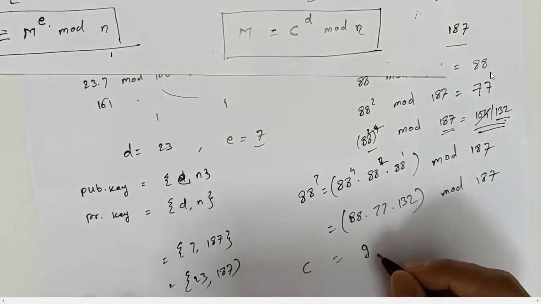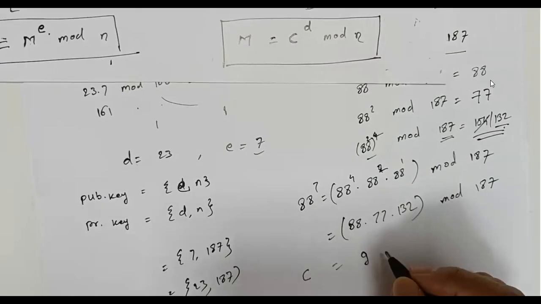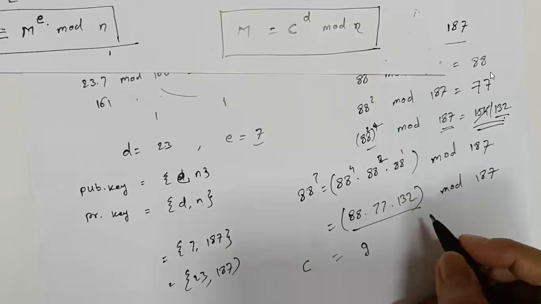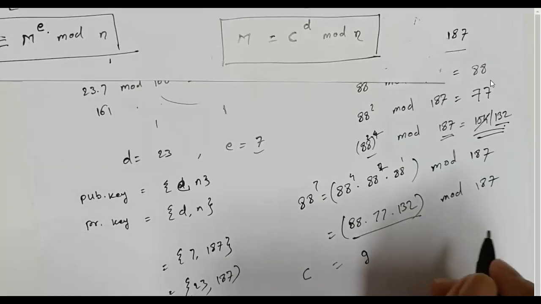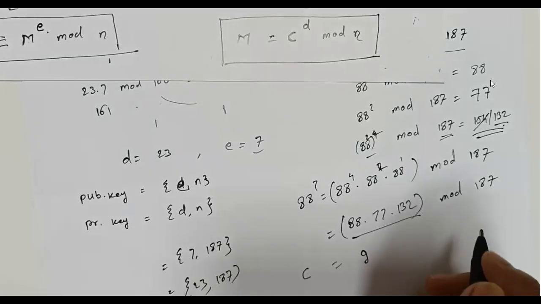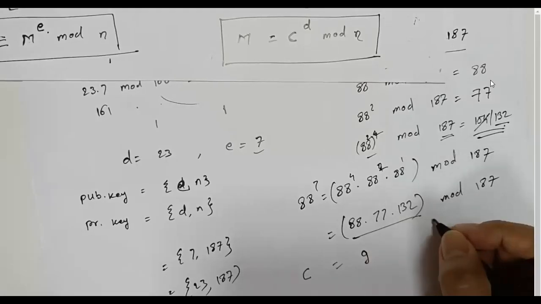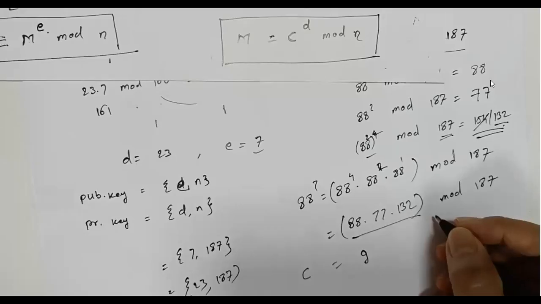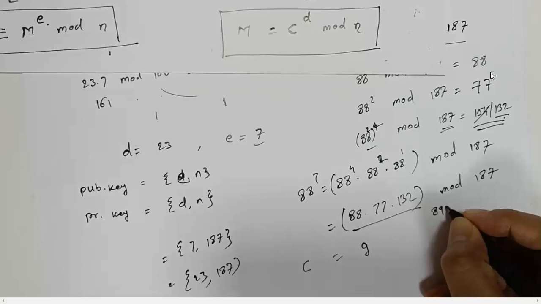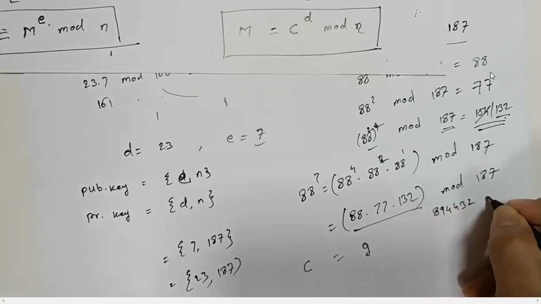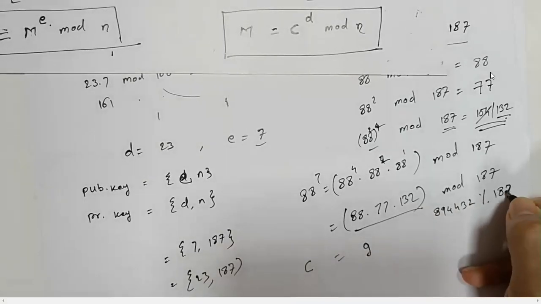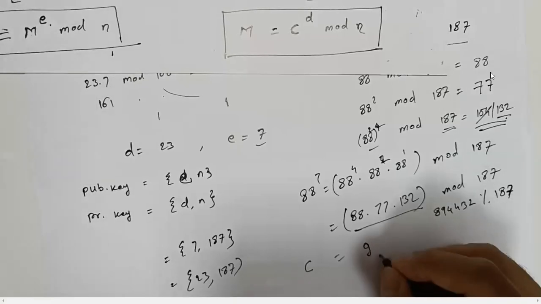What is this product? Calculate it. So it is 894,432. 894,432 mod 187. 11, sir. 11.